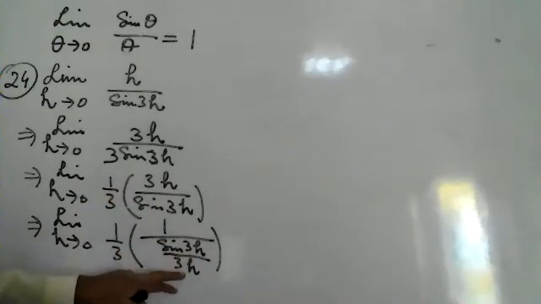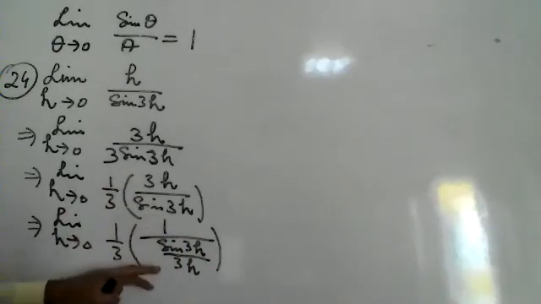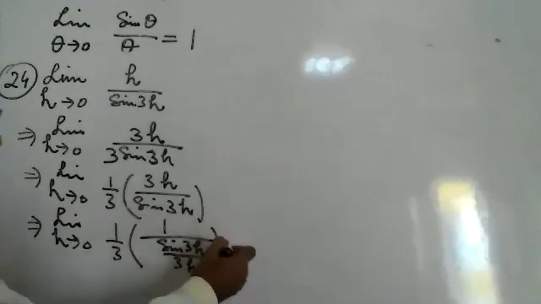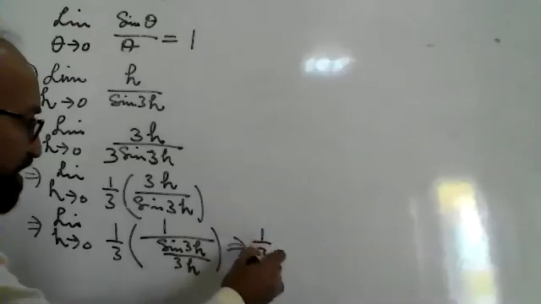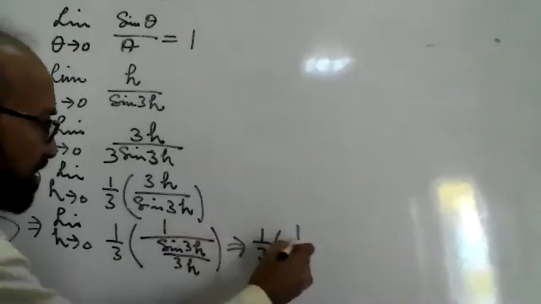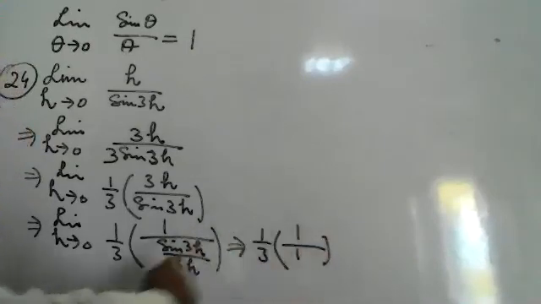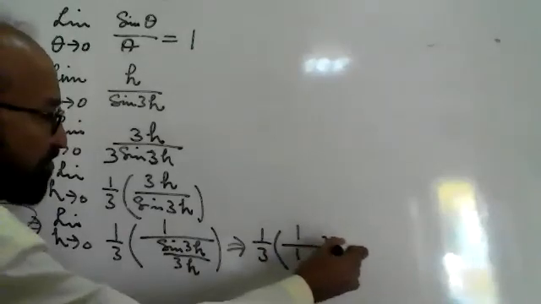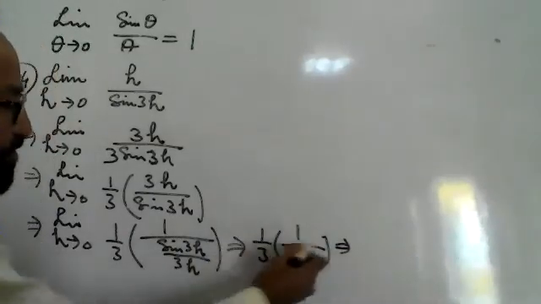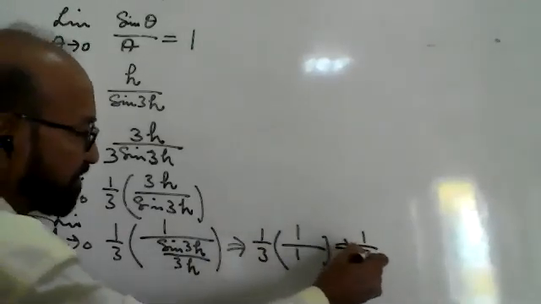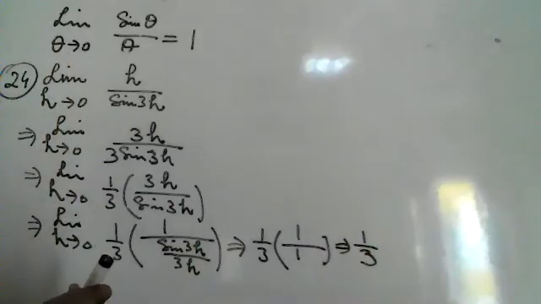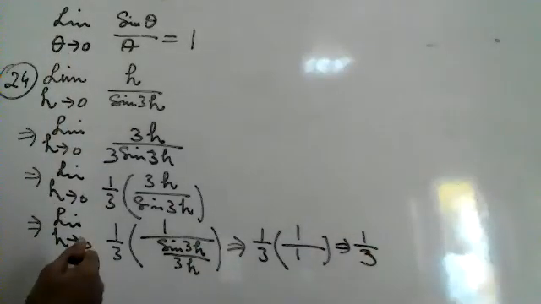Now put the limit. Sine 3h upon 3h is 1. So 1 over 3 into 1 over 1, which is 1 over 3 into 1, that is 1 over 3. This is the answer.